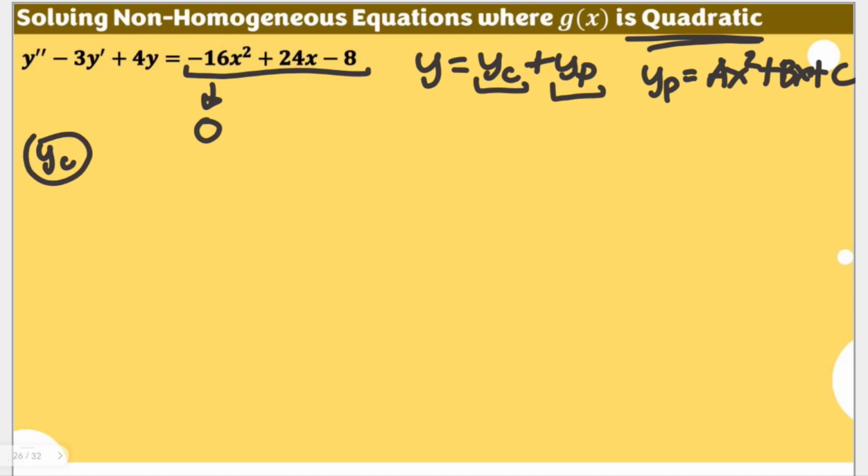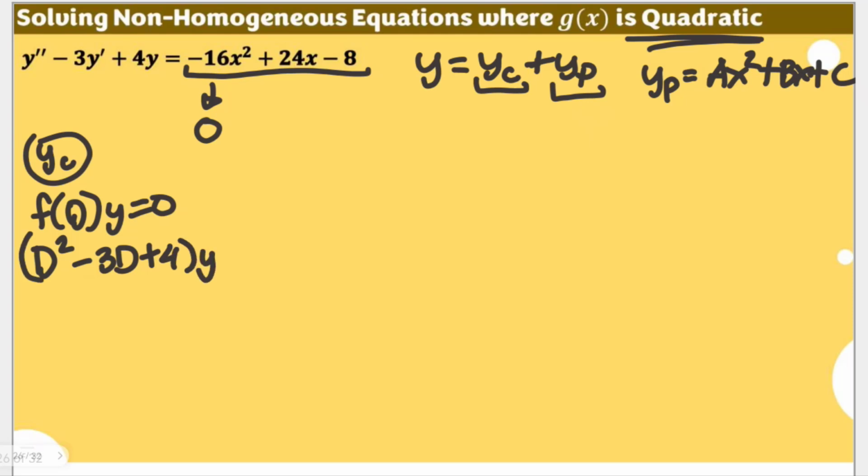Of course, we are treating it with the same process as for homogeneous equations. So the first step is to come up with our equivalent equation with differential operator D. So we will have f of D times y is equal to 0. Hence, our equation now will have D squared minus 3D plus 4 times y equal to 0.